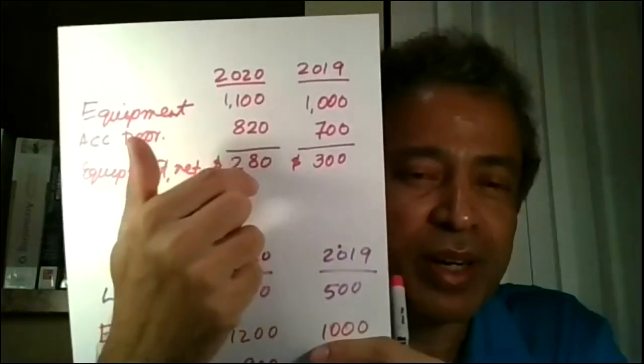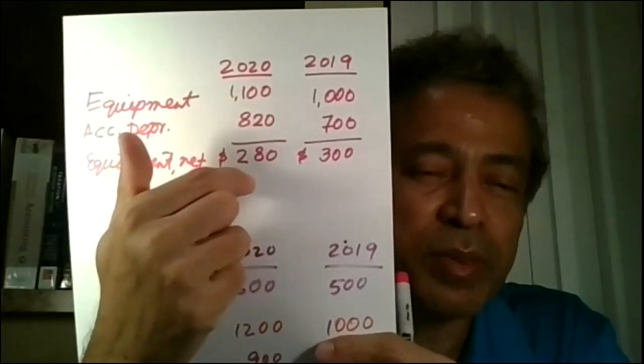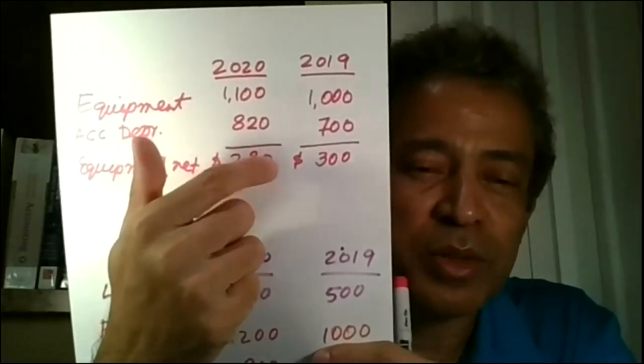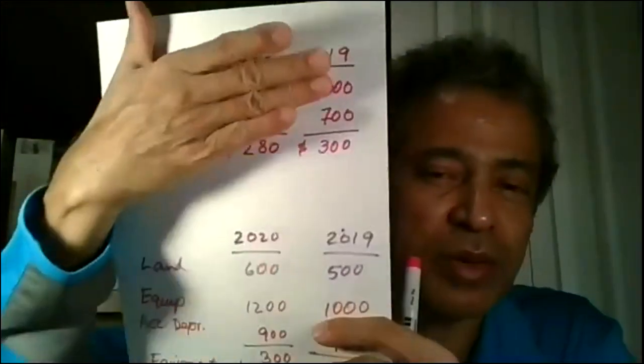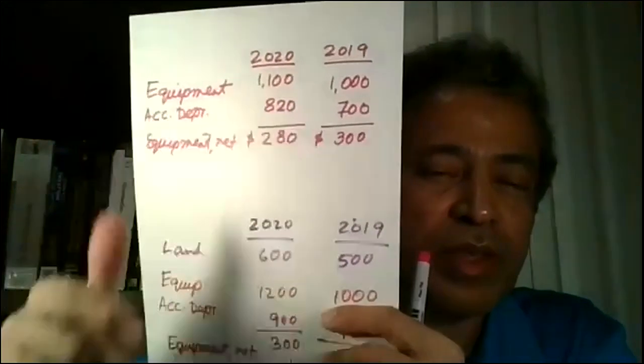So now what happened here? Last year's balance was 300, this year's balance is 280. So it looks like we have not acquired any equipment, we rather sold. If you look at just the net figures, you'd think that $200 worth of items have been disposed of.